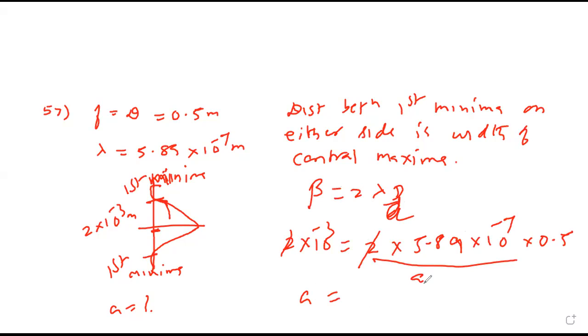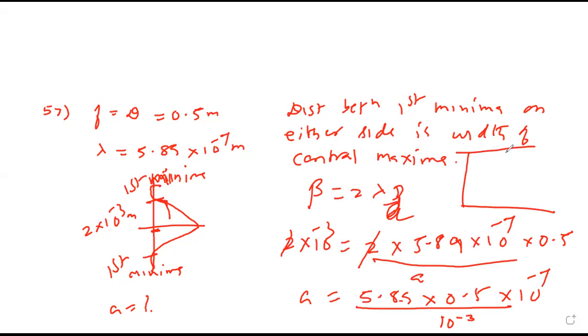A equals 5.89 into 0.5 into 10 raised to minus 7 upon 10 raised to minus 3. So this will become 2.945, approximately 2.9 into 10 raised to minus 4. Let us check the answer. The same answer is given, option A.